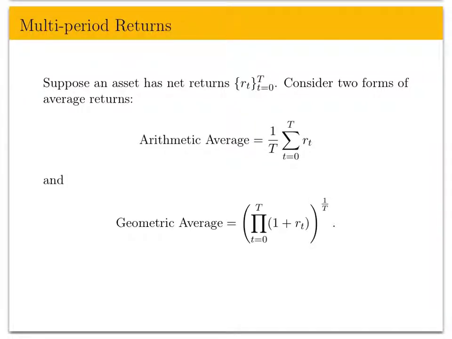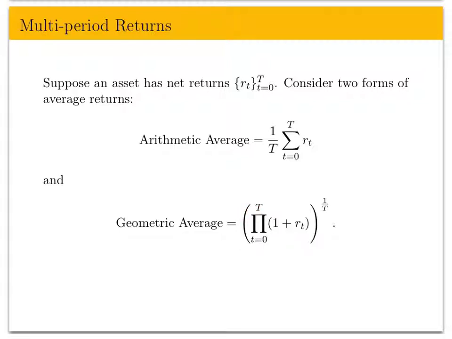The second is the geometric average of the returns. So now we take the gross returns and multiply them so that we're compounding the returns over the whole time in which we're receiving the returns, over all periods. So this is the notation for taking the product over T intervals of time.